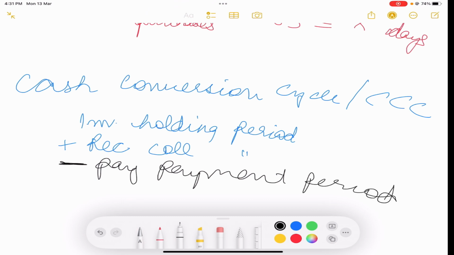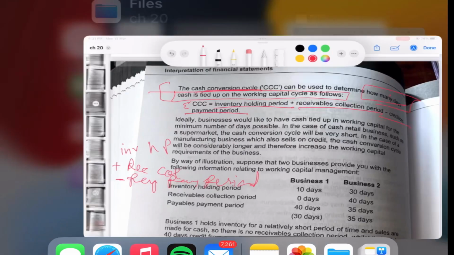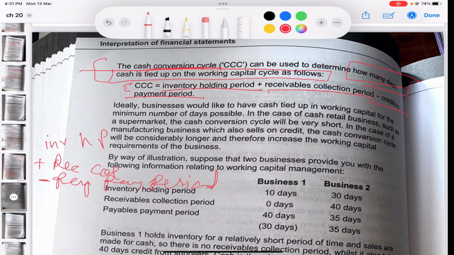Say it again. What is the cash conversion cycle? Inventory holding period plus receivable period minus payable period. So whatever you have to pay, that period you are going to minus. Okay? I know it's a lot of formulas, but that's what the chapter is all about.